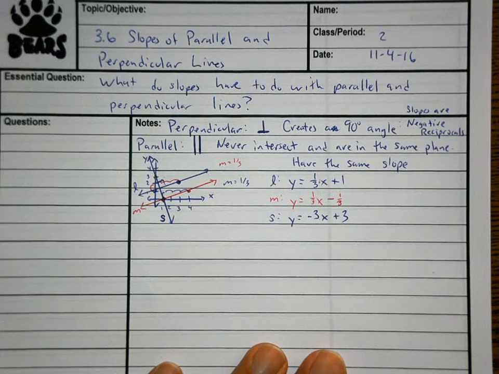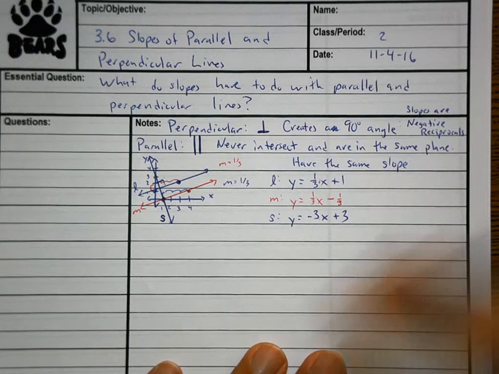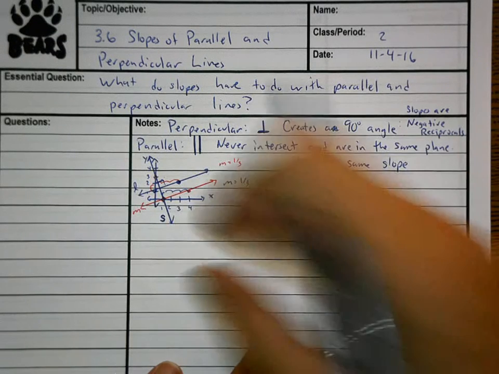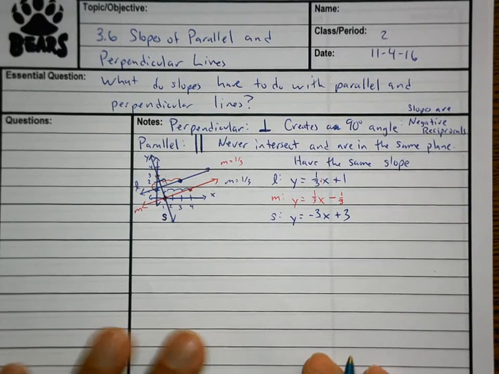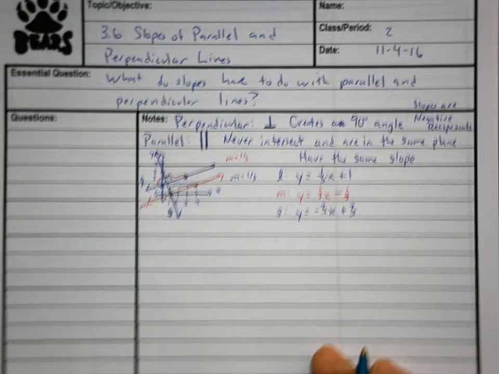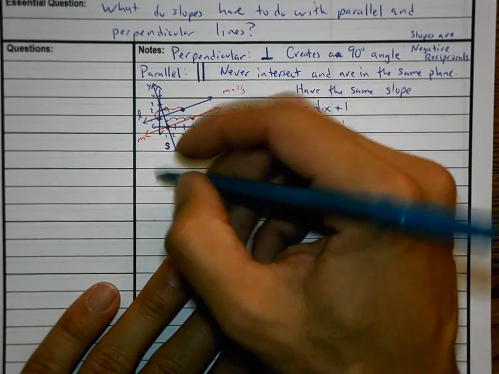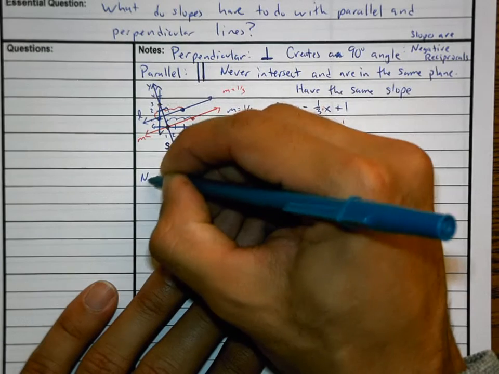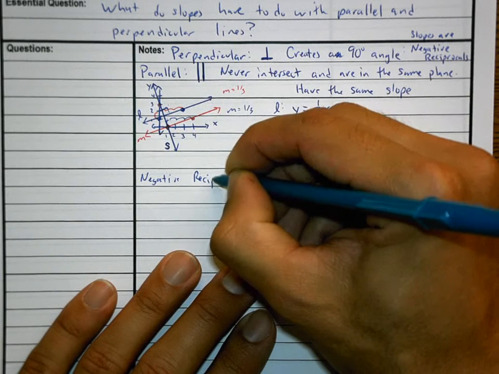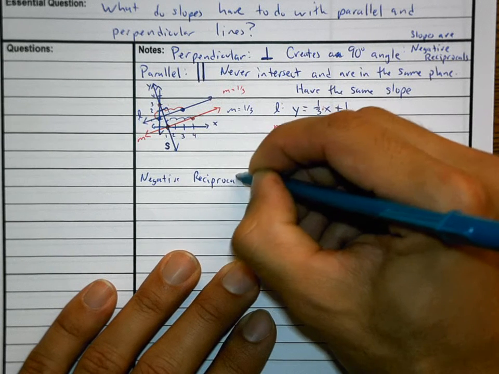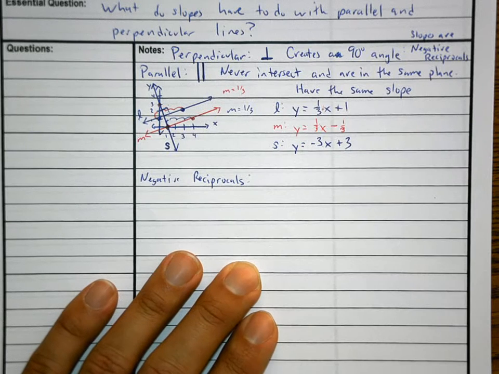I'm going to write down what that means. I'm running out of room over here, so I'm going to write it down over here. If slopes are negative reciprocals, let me adjust my camera a little bit, what it means is this: reciprocals. That's how I remember how to spell it.